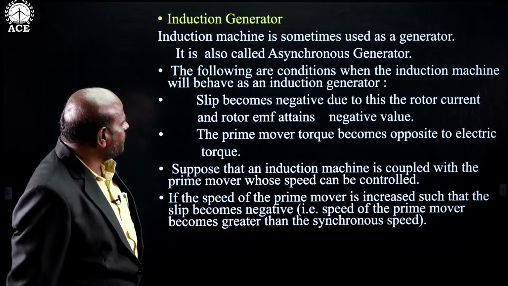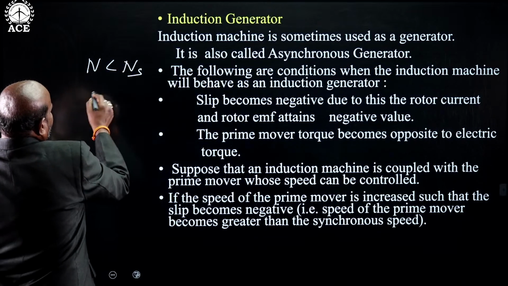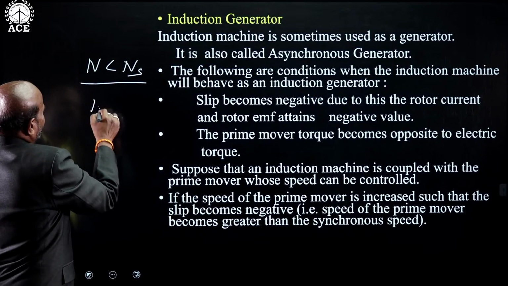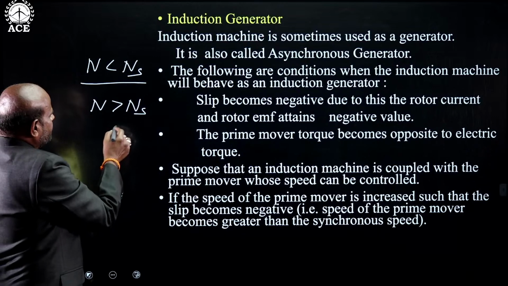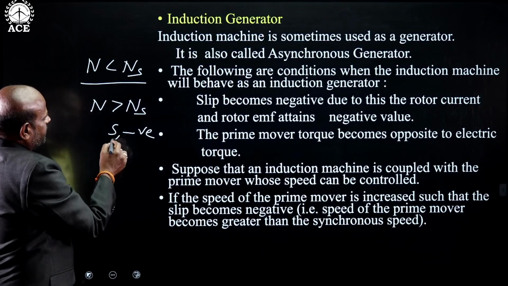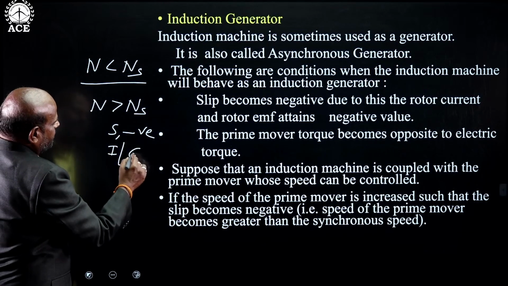So based upon the operation, when the speed is less than synchronous speed, then the machine will act as an induction motor. When the speed is greater than the synchronous speed, then slip will be negative. So in this case, the machine will act as an induction generator.